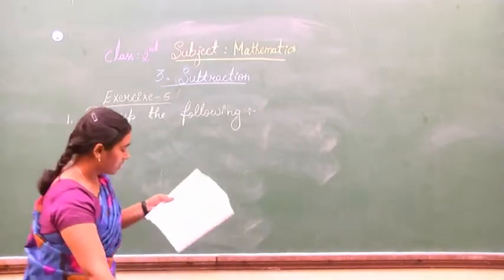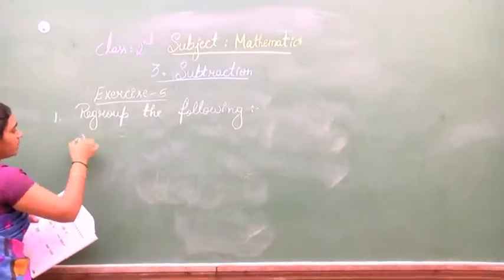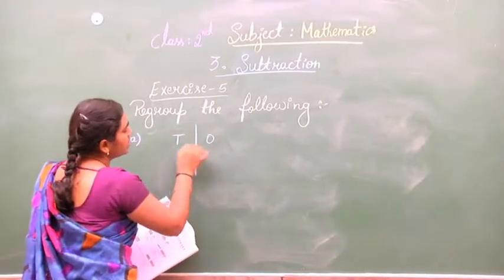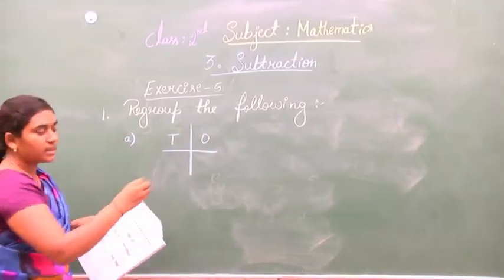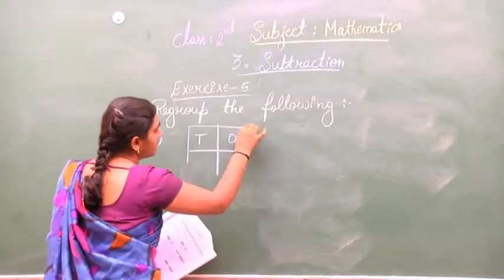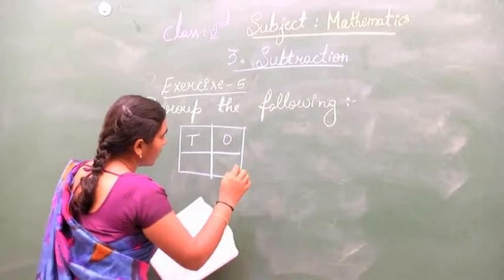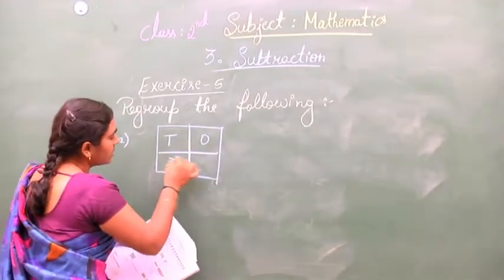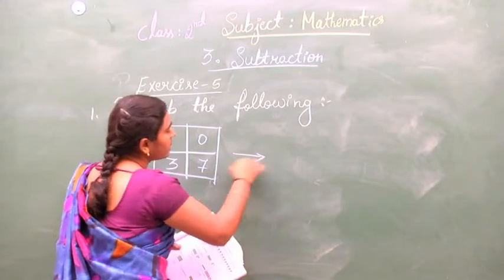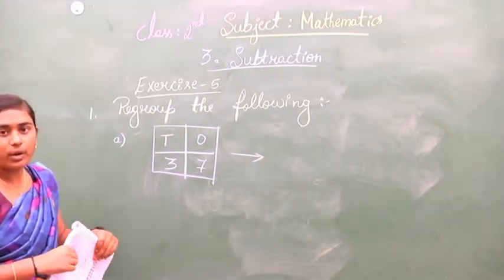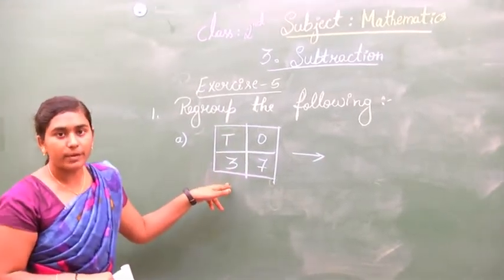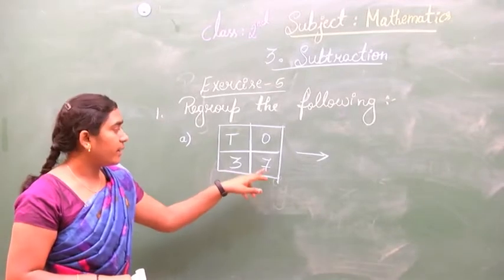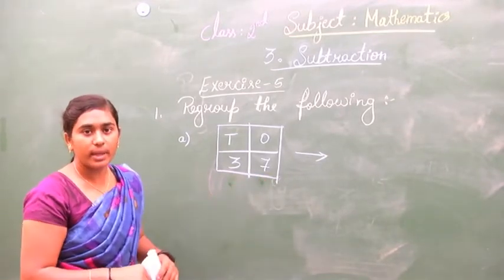First question, they have given tens place and ones place numbers as 3 and 7. We have to remove the 10 from the tens place and we have to add it to the ones place.